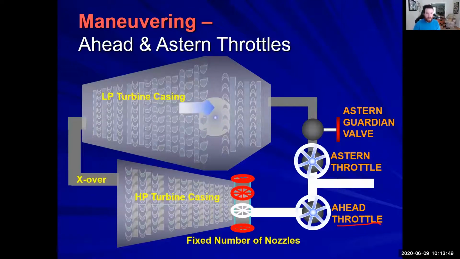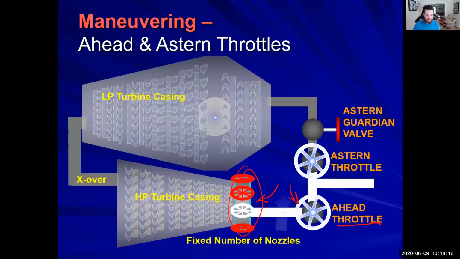And it's going to match whatever RPM; a certain pressure entering into the steam chest will match a certain RPM at a given set of nozzles. But just know this throttle is like your gas pedal in your car. That's going to control your speed.